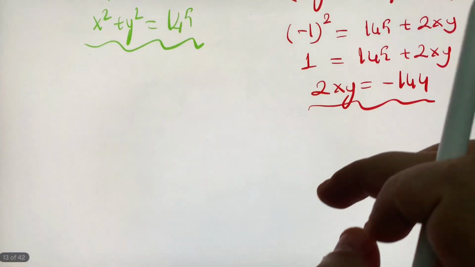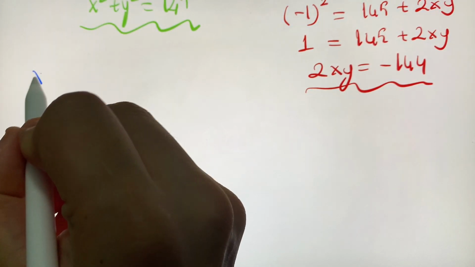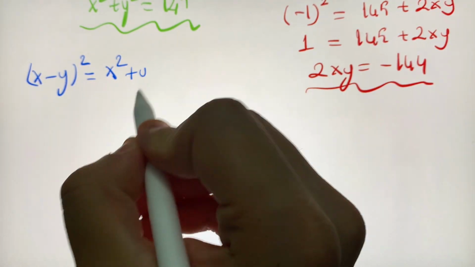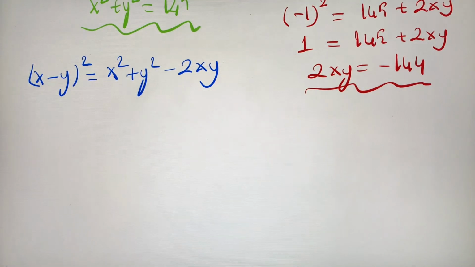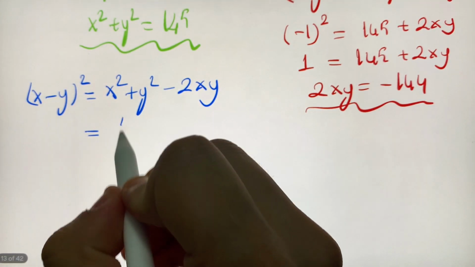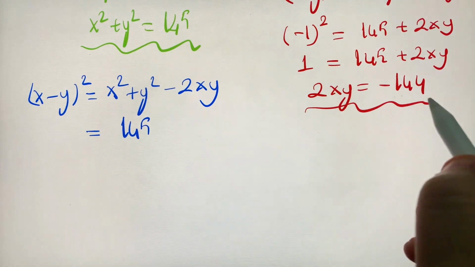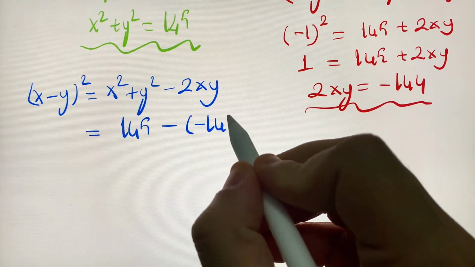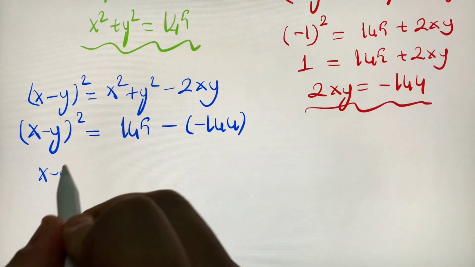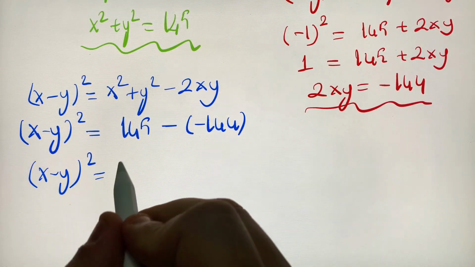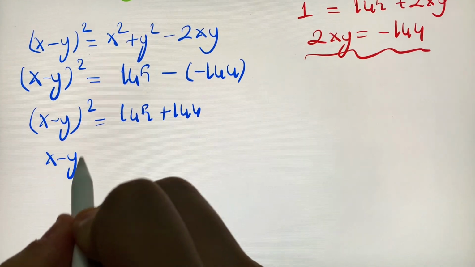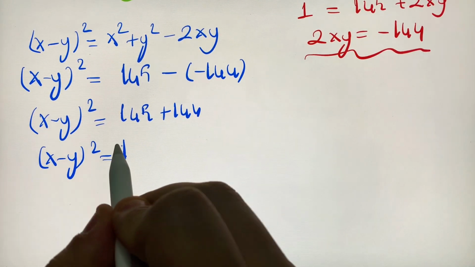Now let's take the square of x minus y, which is x squared plus y squared minus 2xy. I write 145 for x squared plus y squared, and I write minus 144 instead of 2xy. So x minus y squared is equal to 145 plus 144, which is 289.